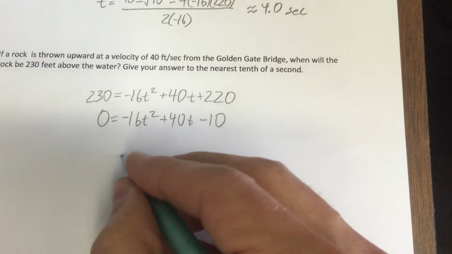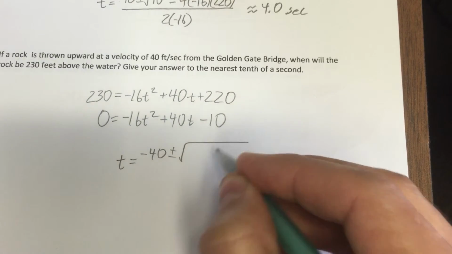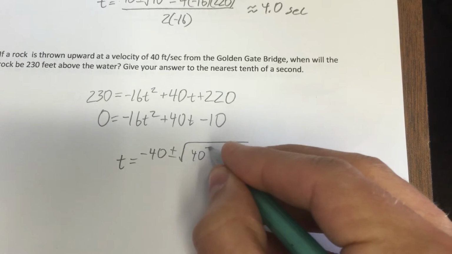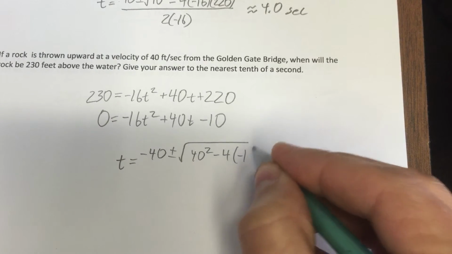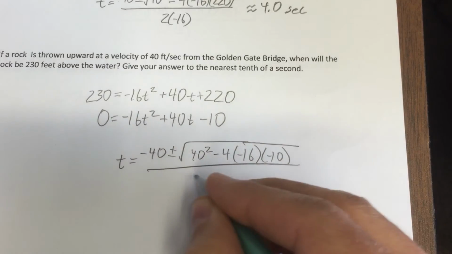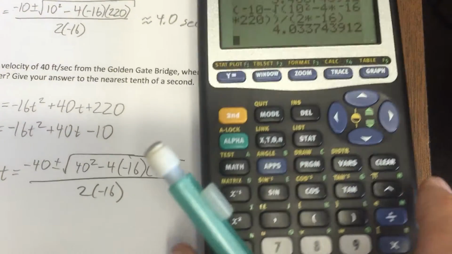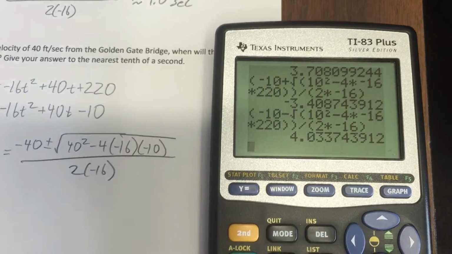Okay, so we have here t equals negative 40 plus or minus the square root of 40 squared minus 4 times negative 16 times negative 10 all over 2 times negative 16. So sort of a similar procedure here.